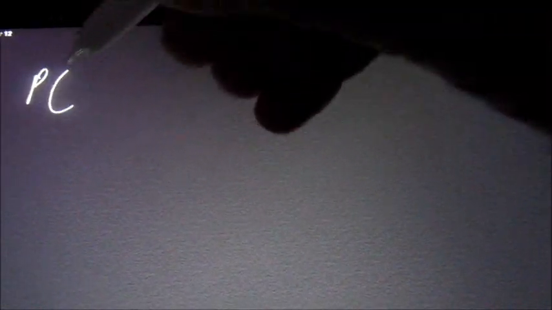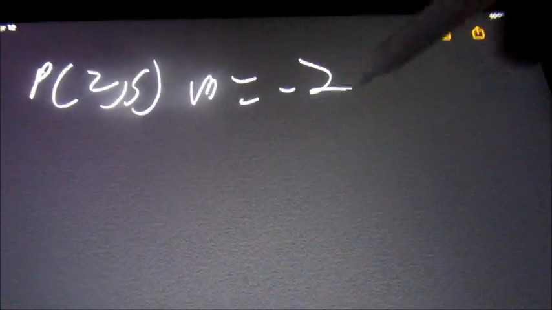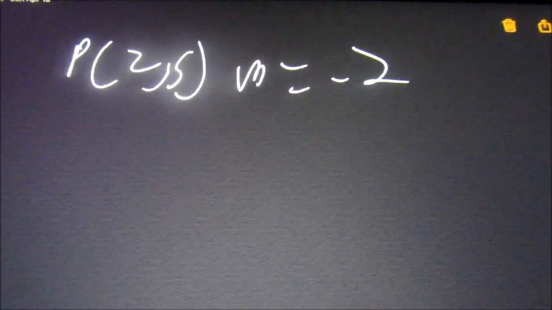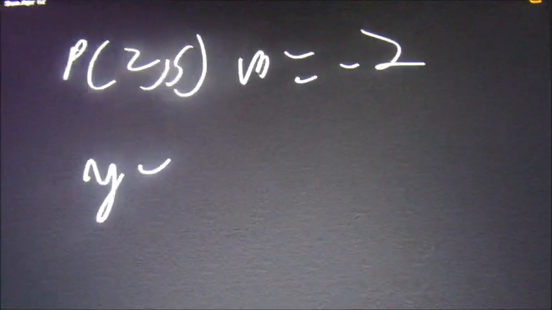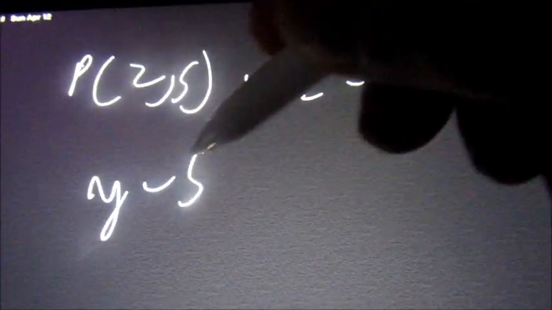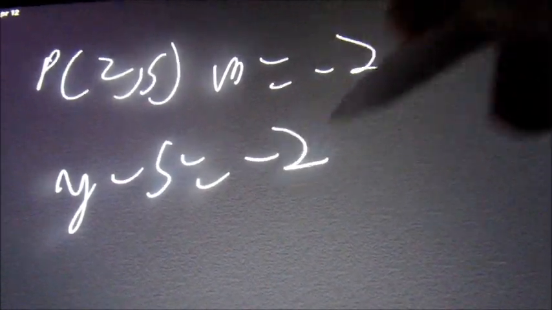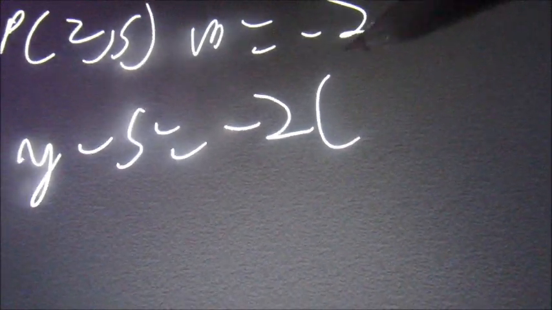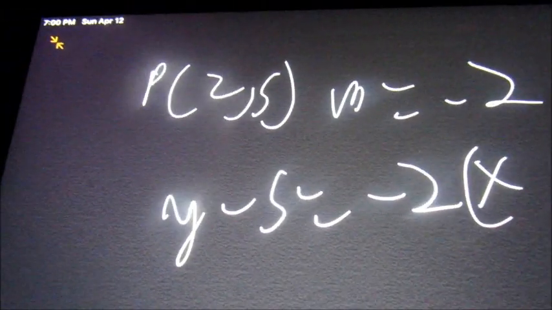Then you're going to get quite a few where you are not given the y-intercept. So be careful and pay attention to what they give you. Another way they might do it is if the point is (2, 5) and the slope equals -2. So now here's where you're going to have to use the point slope form. You're going to say y minus y1, which is 5, equals the slope, which is -2, and then in parentheses x minus x1, so it's just x minus 2.